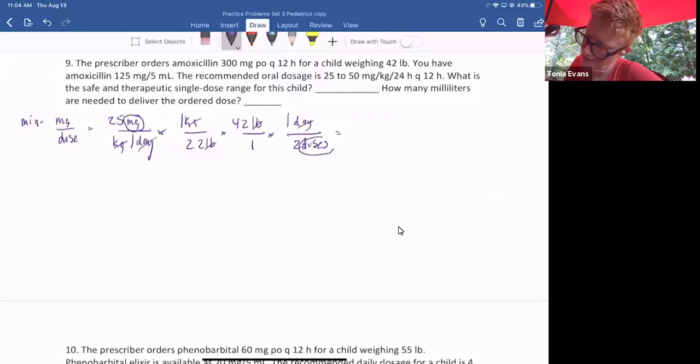Day, doses, there we go. 25 times 42 divided by 2.2 divided by 2 equals 238.6 milligrams per dose minimum.